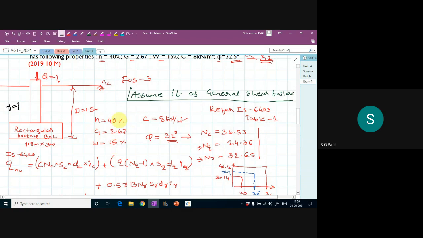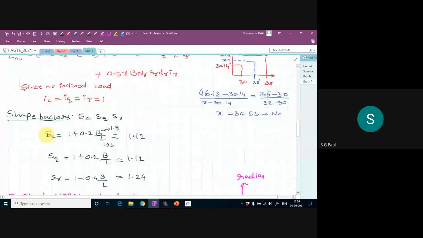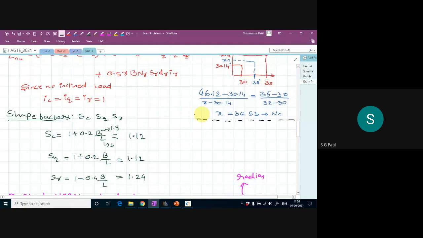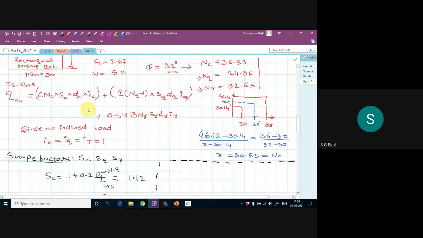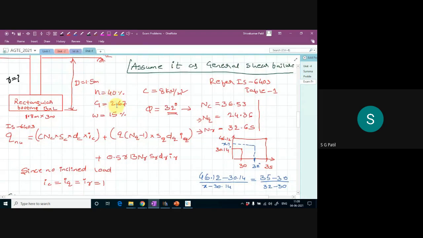With the help of these parameters, I can calculate the gamma value. How can I calculate? They have given porosity, specific gravity, and water content.